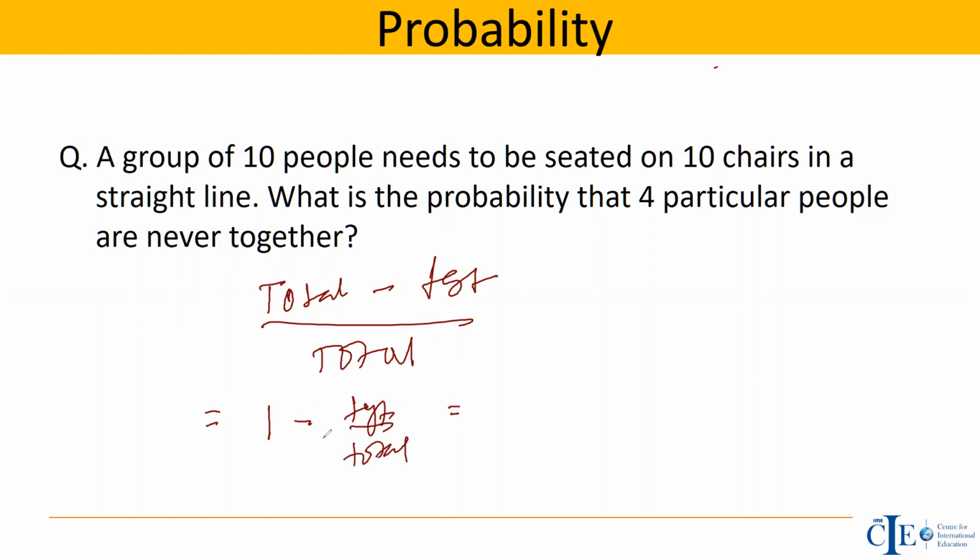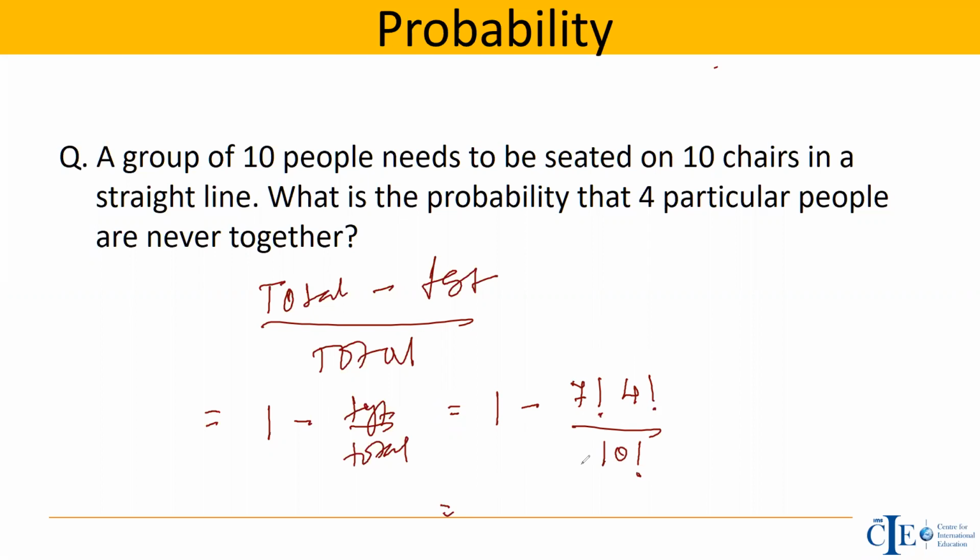So whenever you have to subtract the complement, you always take it from 1 when it comes to probability, whereas in PNC it's always from the total number of possible outcomes. So 1 minus together, which is 4 particular together, so 4 and the other 6, so a total of 7, and these 4 inside 4 factorial divided by 10 factorial.